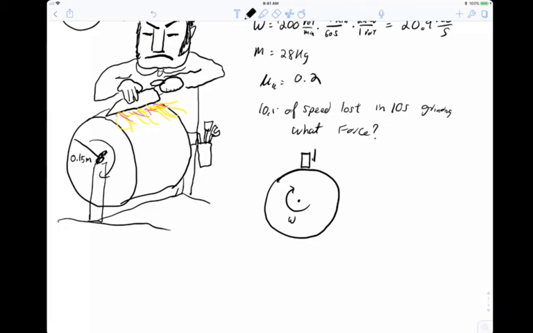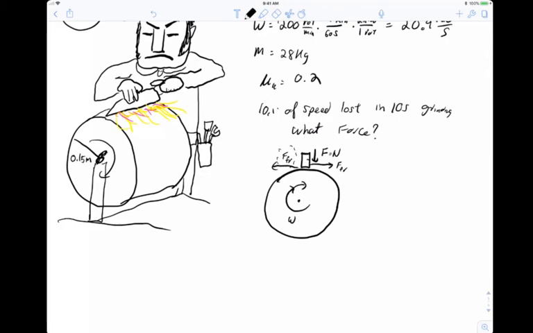We're pushing down on it, and then the friction force is trying to drag our knife to the right, and so the wheel feels a friction force to the left, right? Do you see what I'm saying? So as the wheel spins, the friction force wants to drag the knife to the right, equal and opposite forces. That means that the wheel is going to feel a friction force pointing to the left. Okay?